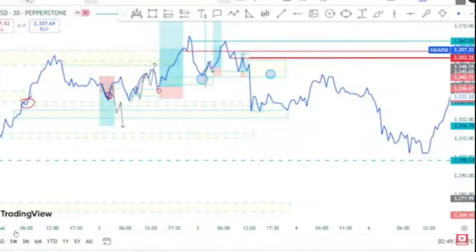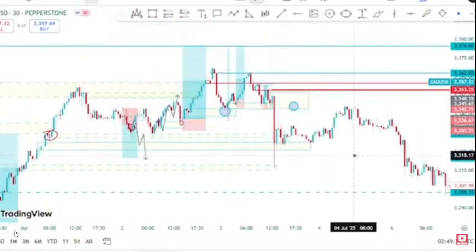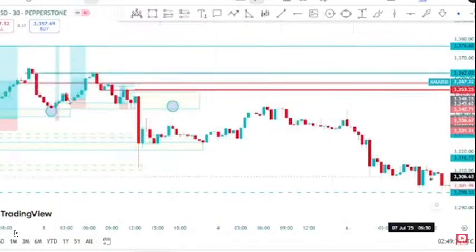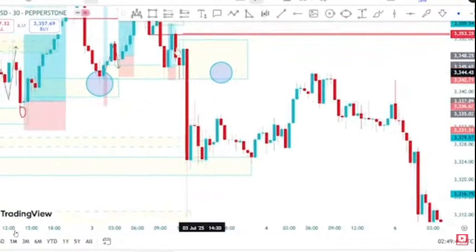Okay, going back to the candlesticks, this area, I'm going to take a buy from this area, anticipating the market to target this area. So we took a buy from this area. This was Friday. This was Saturday after the news.